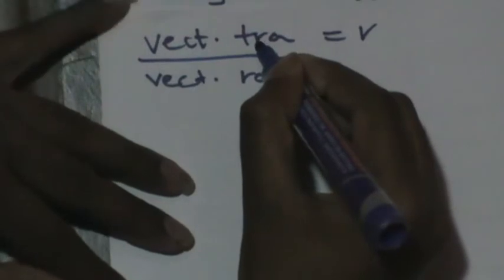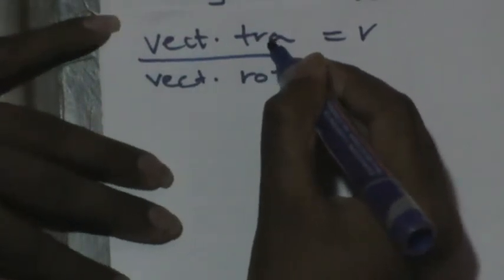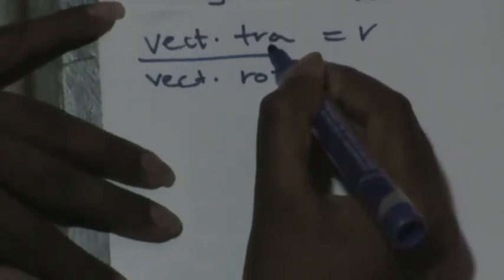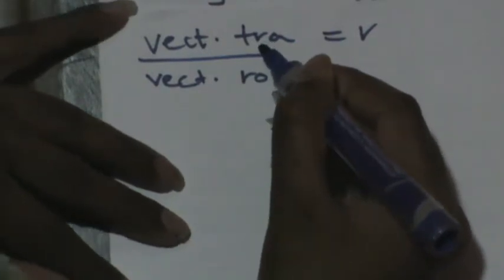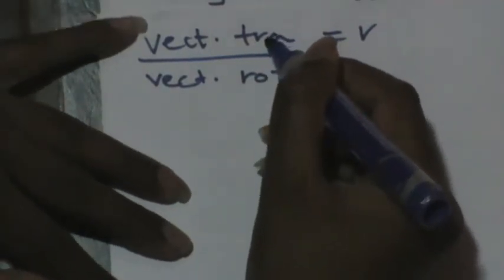So you know that the vector in translational motion divided by the vector in rotational motion is equal to R. I have already taken the displacement vector to derive the relationship. Now I will take the vector quantity velocity.